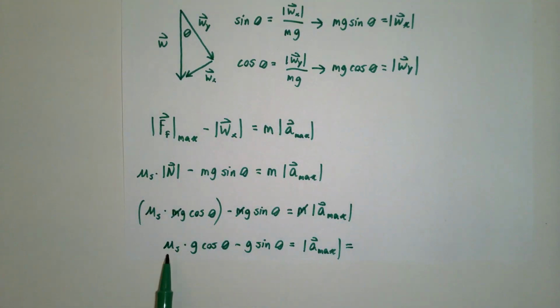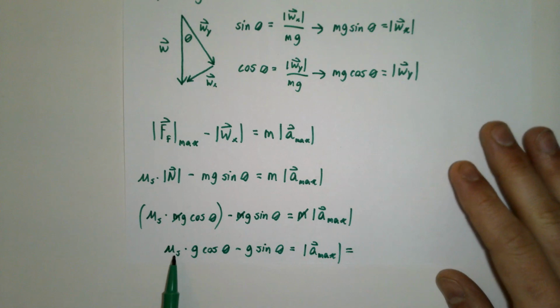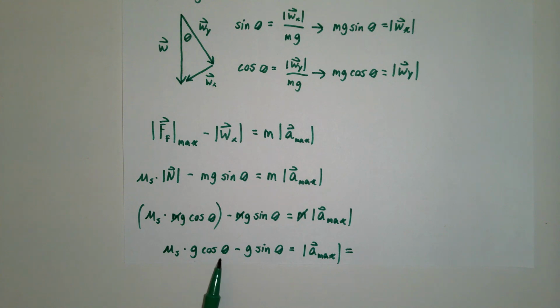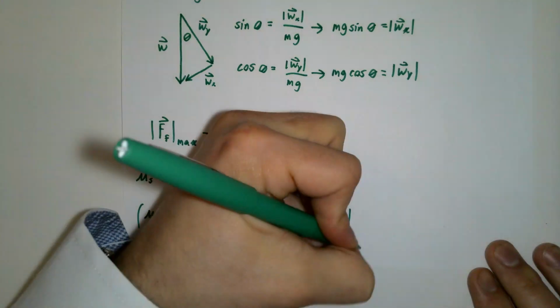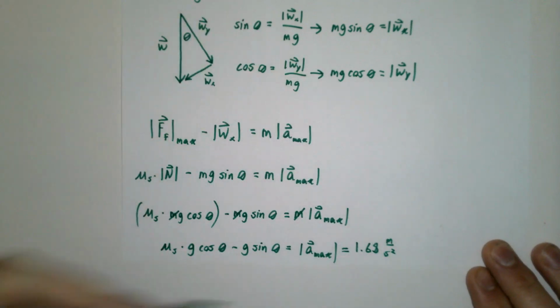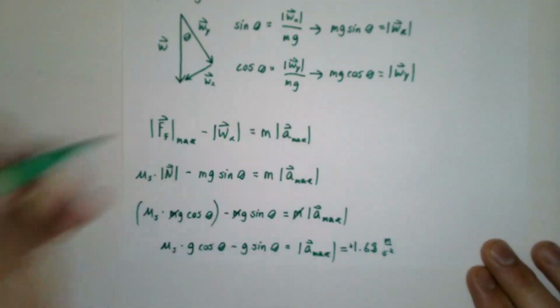If we input our value of 0.350 here, and then gravitational constant on Earth, 9.80 newtons per kilogram, cosine of our 10 degrees, our g again of 9.80 newtons per kilogram, sine of 10 degrees again, we get our maximum acceleration is 1.68 meters per second squared along the positive x direction.